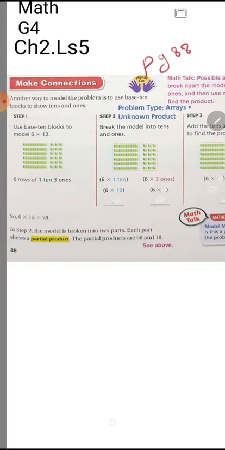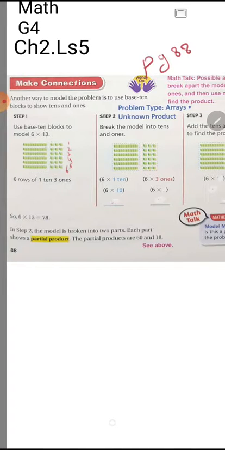What I have to do here, I have to repeat the model 6 times, because 6 multiply any number means I have to repeat these numbers 6 times. So here I will repeat this model 1, 2, 3, 4, 5, 6. So I have the same model 6 times.